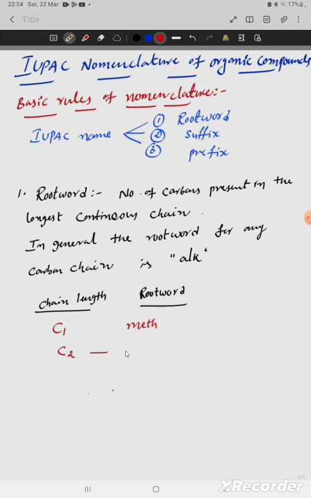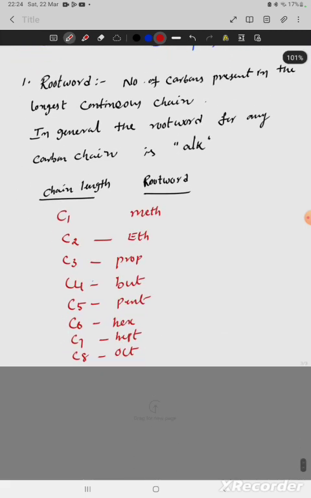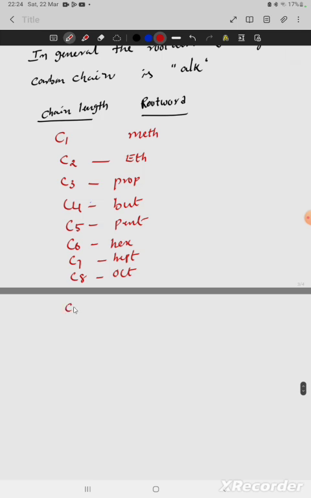Two carbons eth, three carbons prop, four carbons but, five carbons pent, six carbons hex, seven carbons hept, eight carbons oct, nine carbons non.